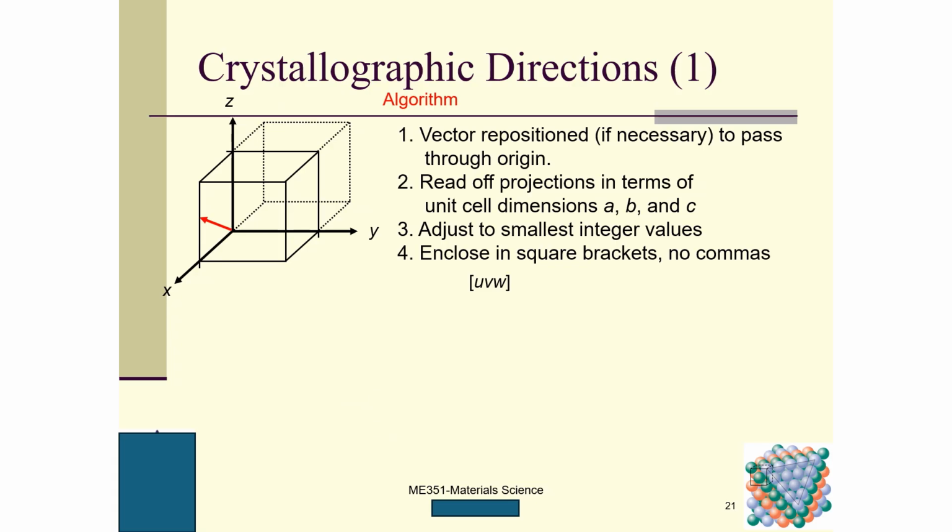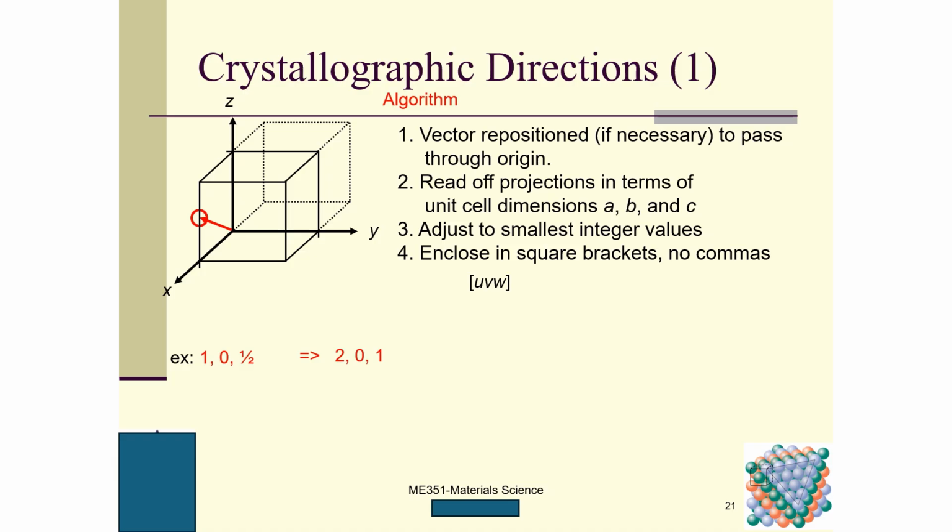And then we talk about crystallographic directions. I'm going to show you. The algorithm: reposition the vector if necessary to pass through the origin.